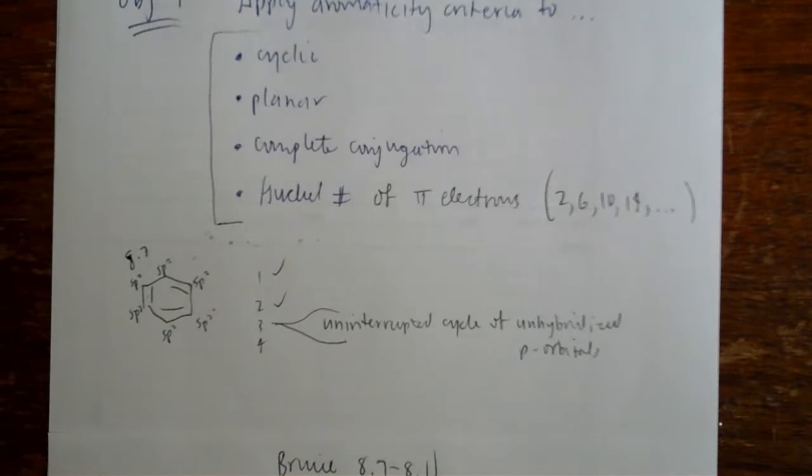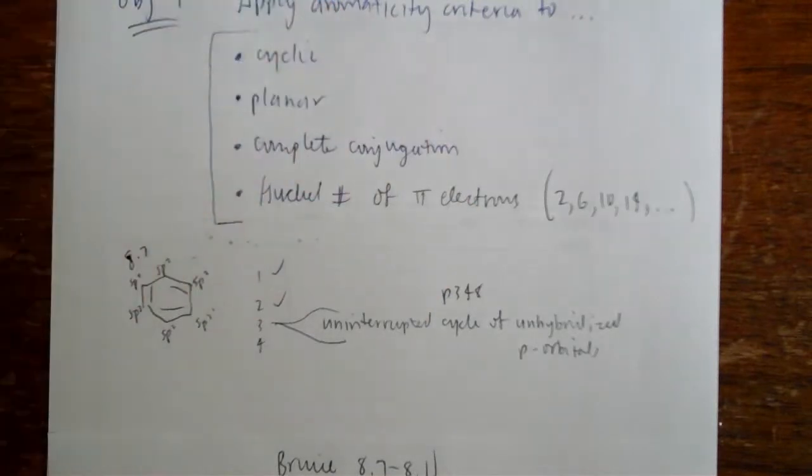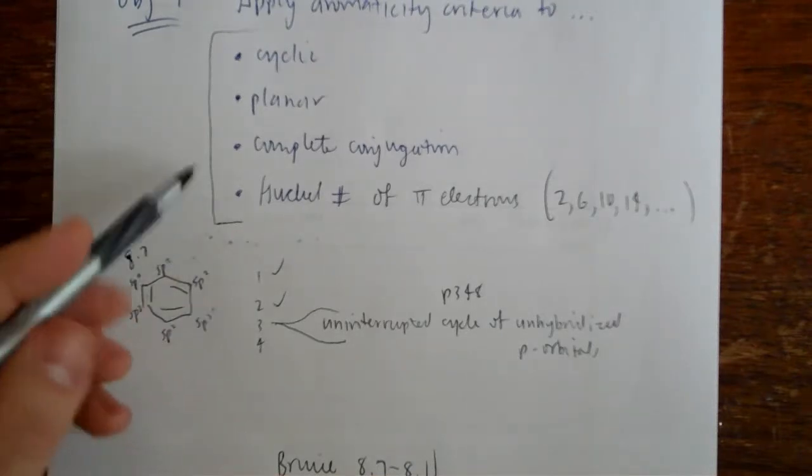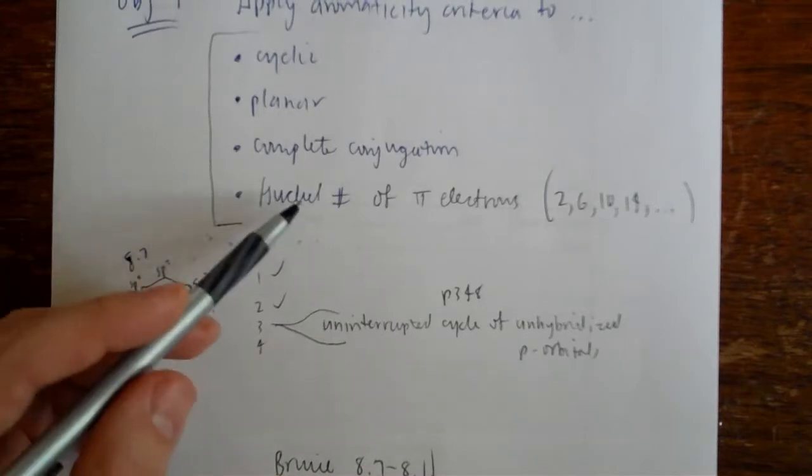There's a good picture for this on page 348 of the Bruce text. You may want to go and look at that. The unhybridized p orbitals. Okay, number 3 is a bit complicated, but it's going to be easy to see later. And the Huckel number is perhaps the easiest.